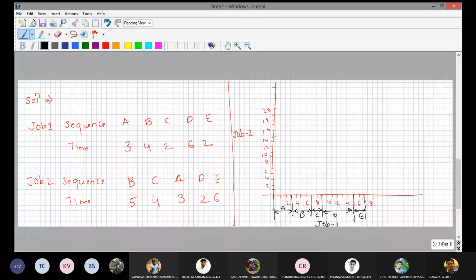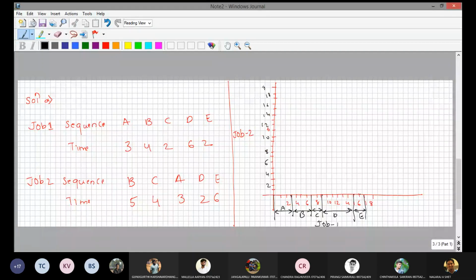Now job B is taking 5 minutes. Yes or no? In the sequence you can see job B is taking 5: 1, 2, 3, 4 and 5. I think I wrote the number wrong here, because it will create confusion when you are identifying the problems. 2, 4, 6, 8, 10, 12, 14, 16, 18, 20.